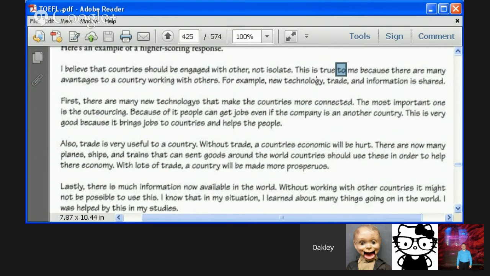And this is true to me. Yes, to me should be for me. This is true for me. Okay. And go ahead and read it out loud so we can all hear it. How about not isolated? I think it is not be isolated.